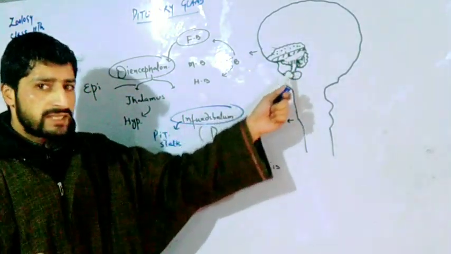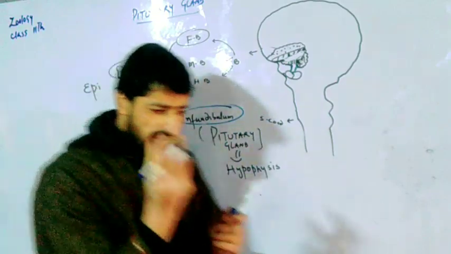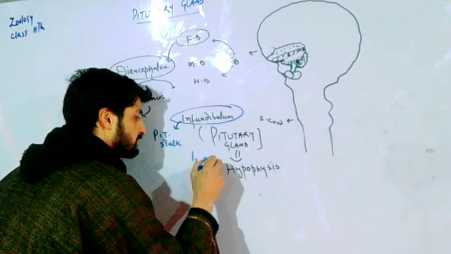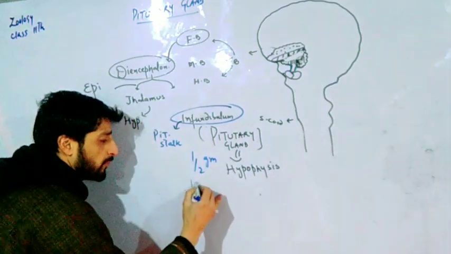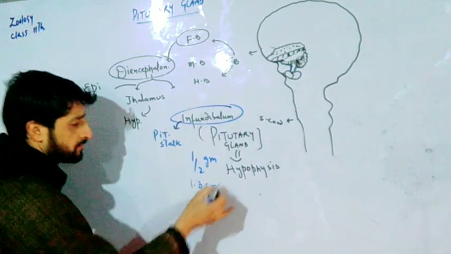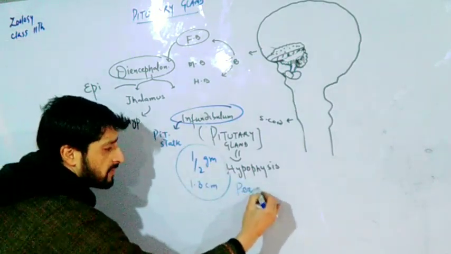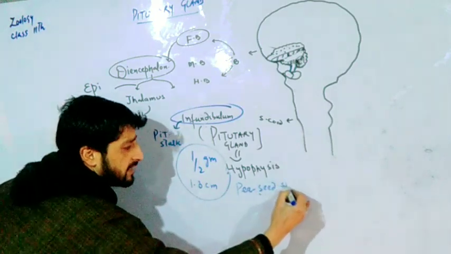Along with this pituitary stalk, there is attached a very, very small gland, usually half a gram, with a diameter of 1.3 centimeter. A pea-seed shaped gland.